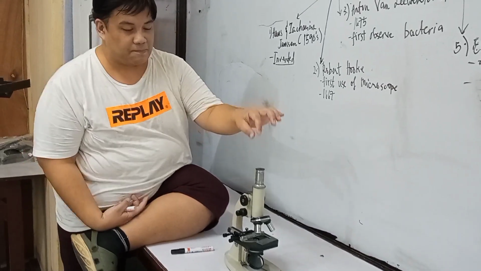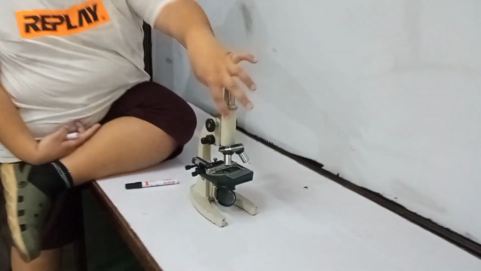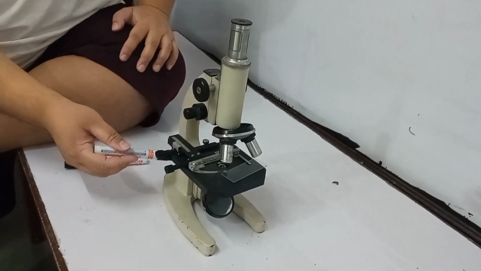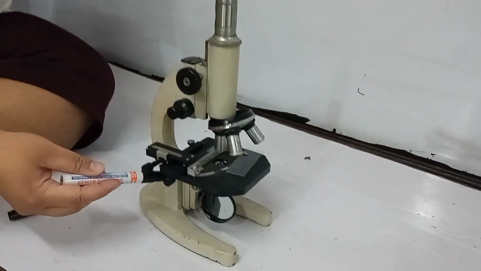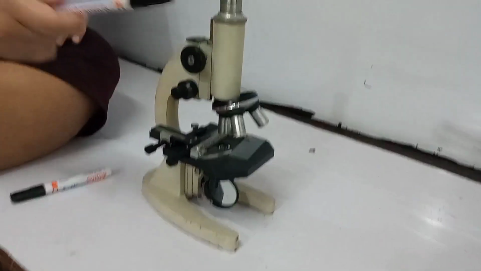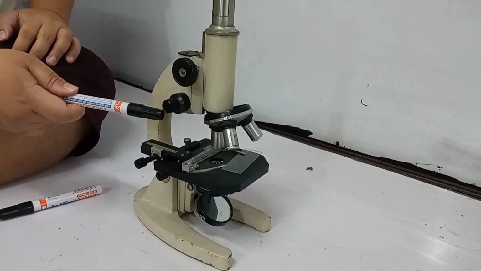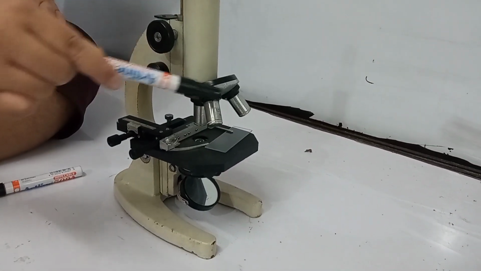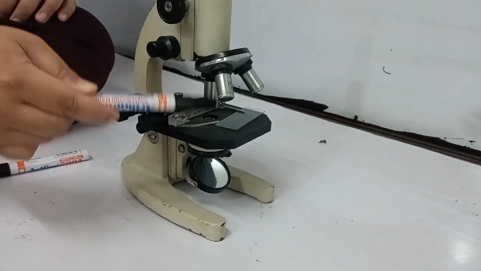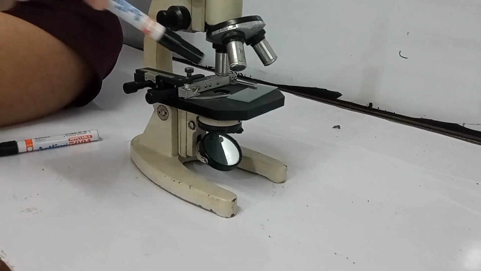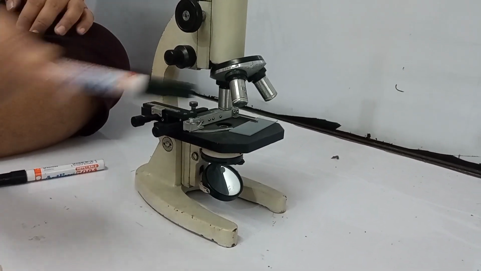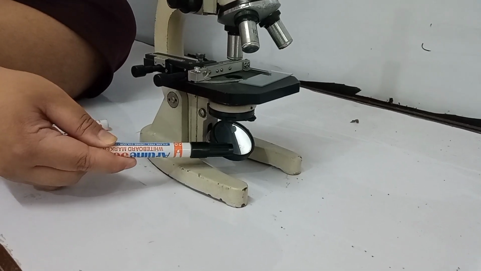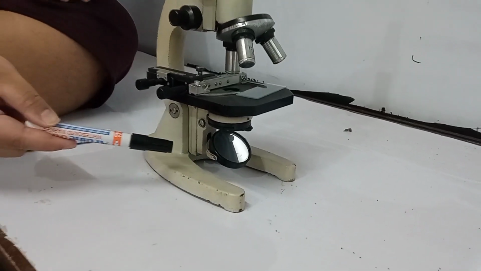So, you have there the eyepiece, body tube, the neck, inclination joint, the base, coarse adjustment knob, fine adjustment knob, the dust shield, nose piece, objectives, stage clip, Abbe condenser, and then you have the mirror or the light source.